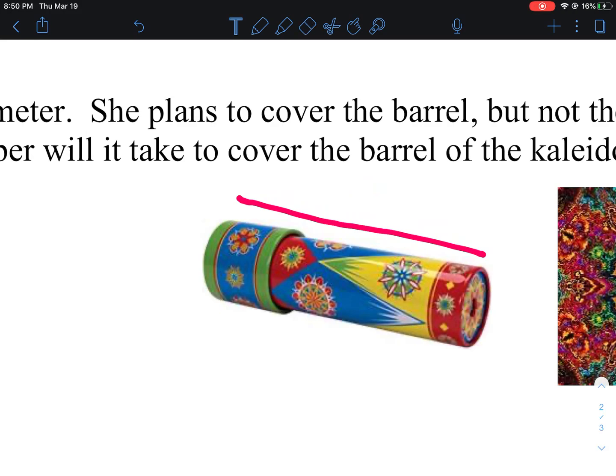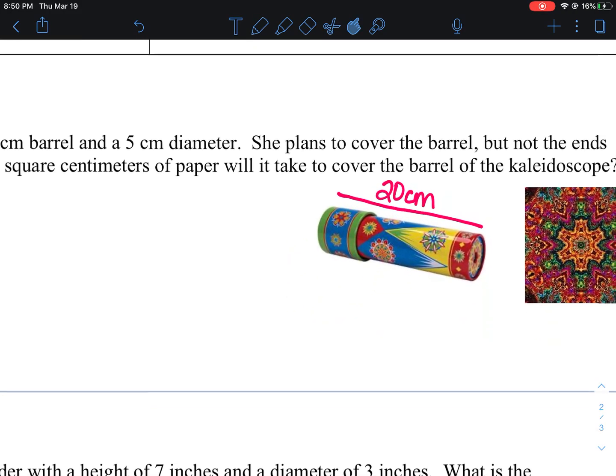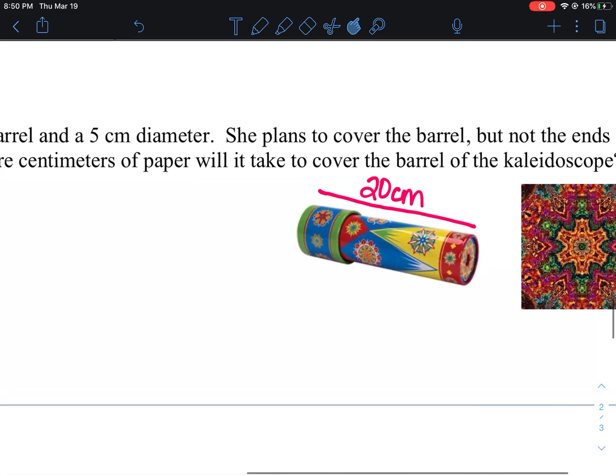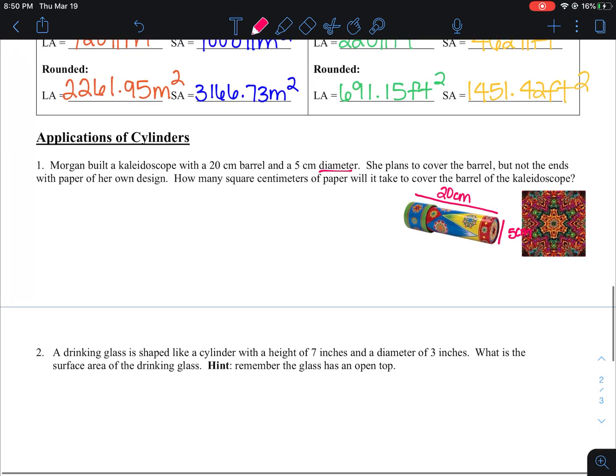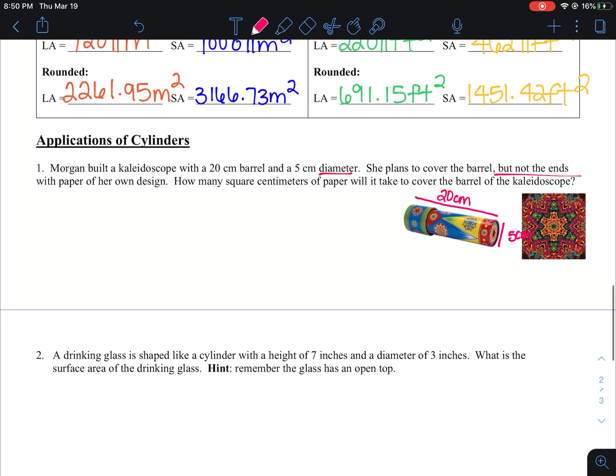And 5 centimeter diameter. Okay, so all the way across here would be 5 centimeters. She plans to cover the barrel, but not the ends, with paper of her own design. How many square centimeters of paper will it take to cover the barrel of the kaleidoscope?